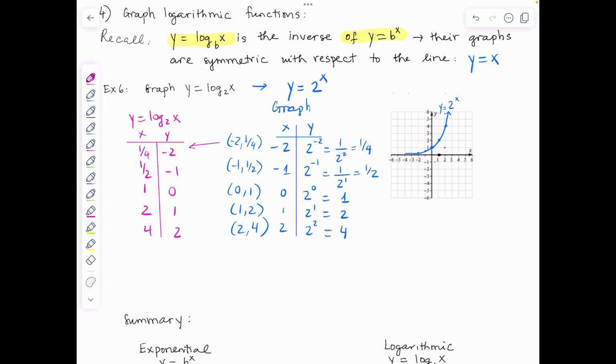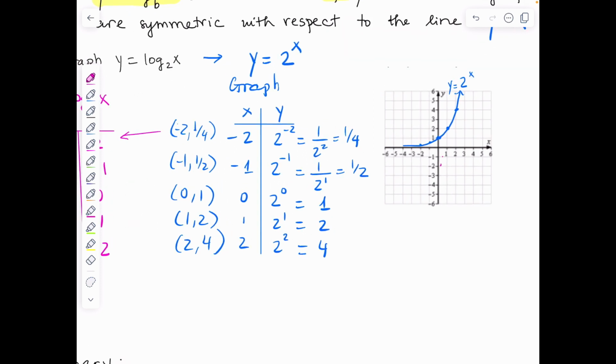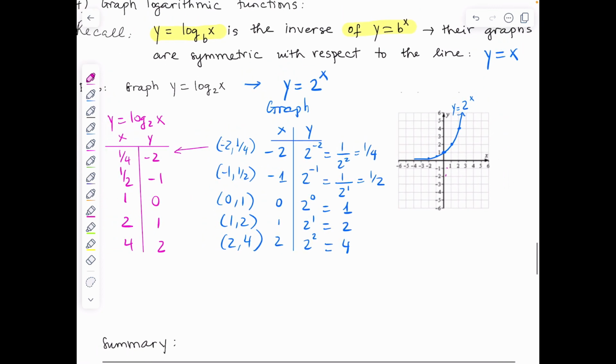Let's plot these points. 1/4 and negative 2, that would be about here. 1/2, negative 1, that's about here. 1, 0; 2, 1; and 4, 2. Connect these dots. We have this curve here.